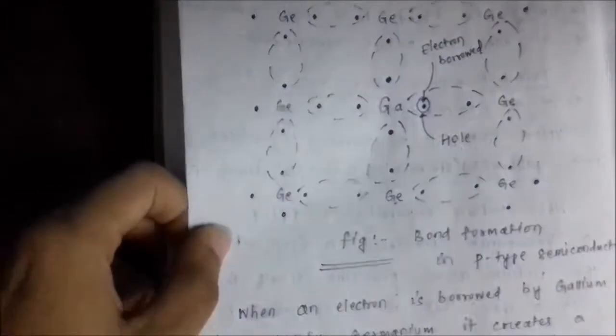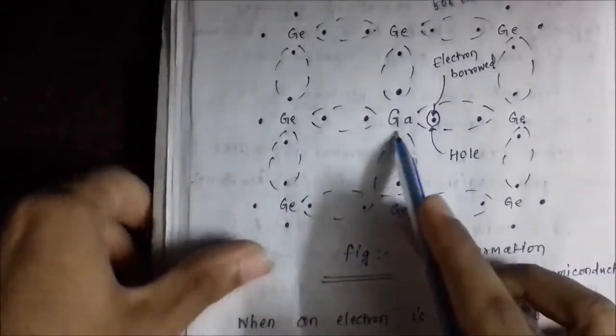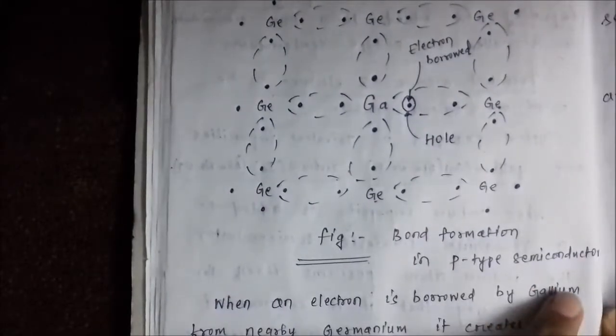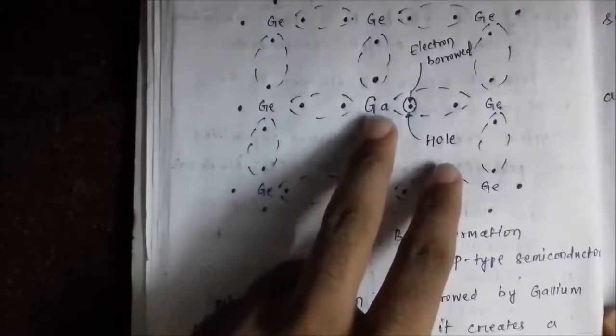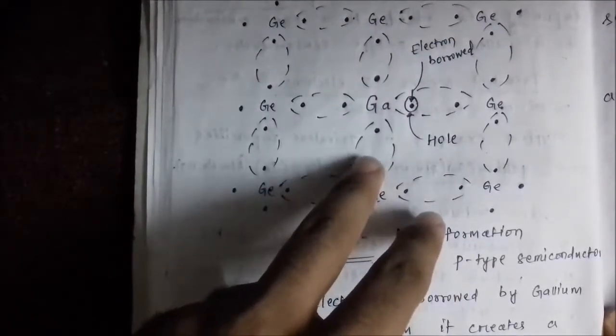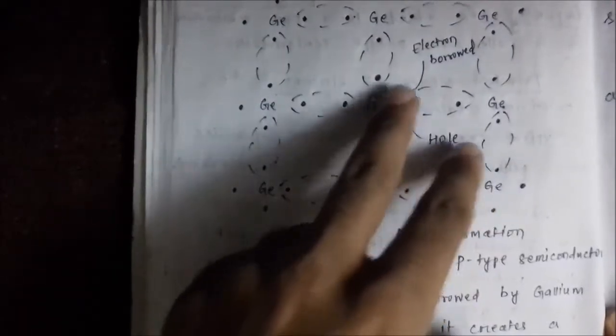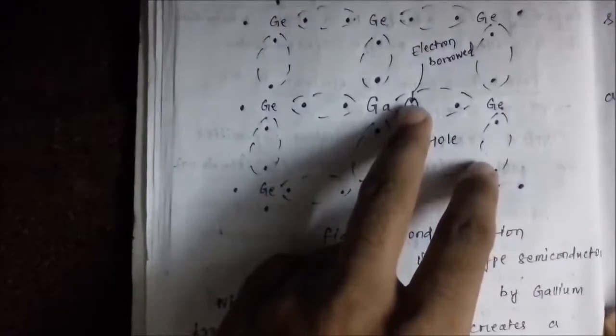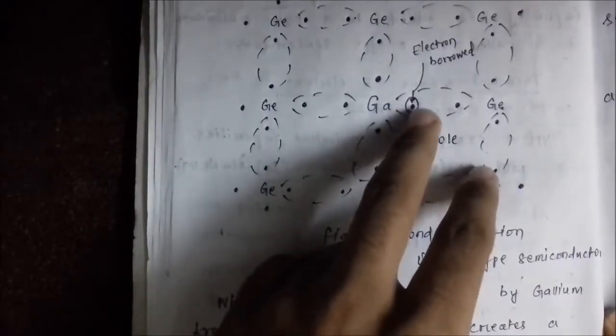Let me clear the doubts or the questions that are arising in your mind. Here, see a bond formation in a p-type semiconductor. A gallium impurity, having 3 valence electrons in its outer band, forms a bond with a neighboring germanium atom with 1 vacancy for an electron. It's a hole.